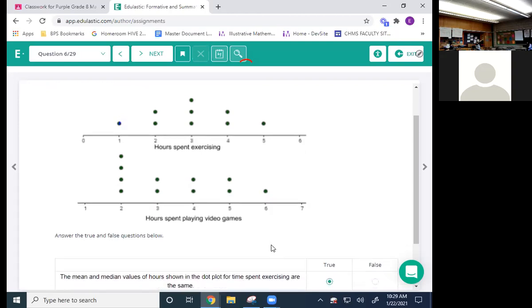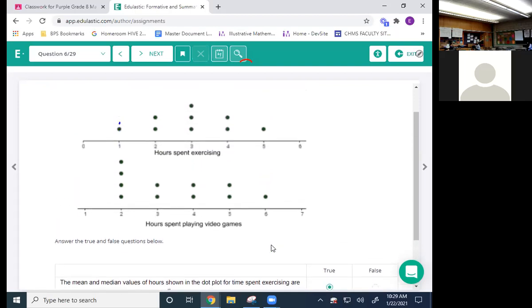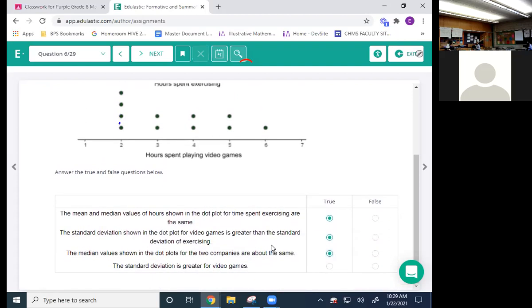Good. Nice job. They're not going to be exact because it gets slightly pulled one way, but they're very close to one another, about 3-ish in both cases.